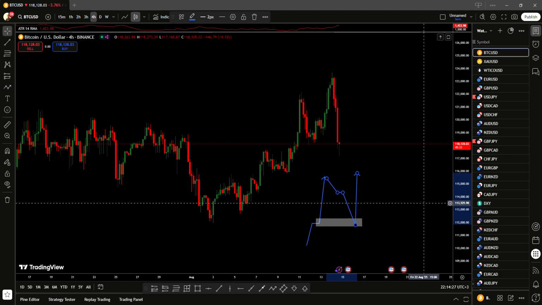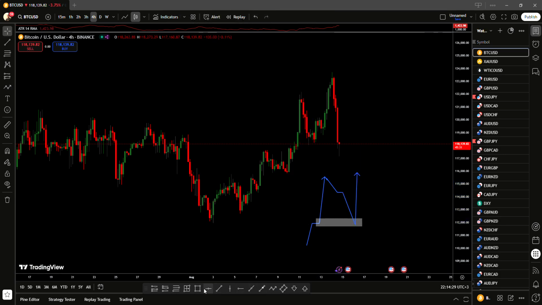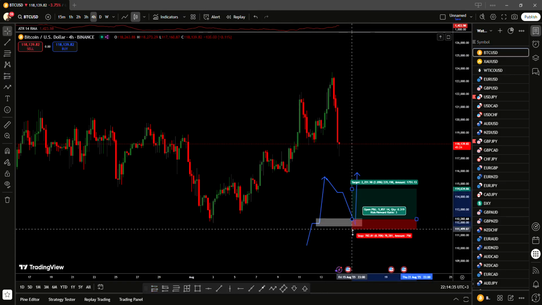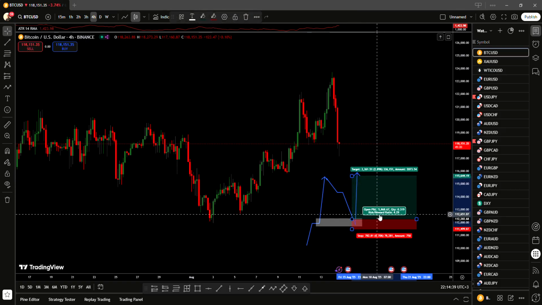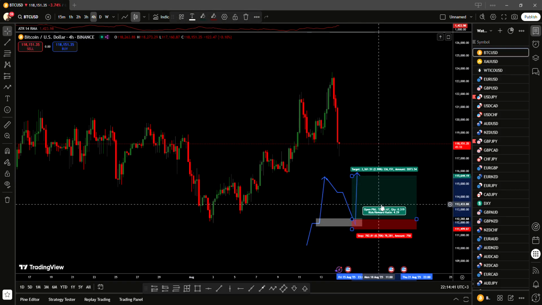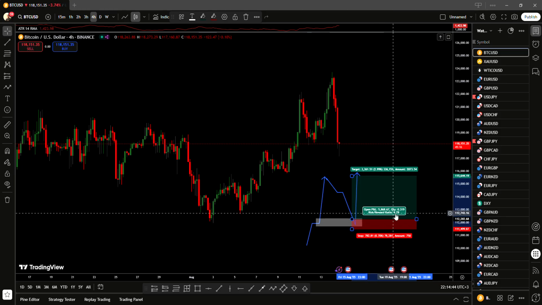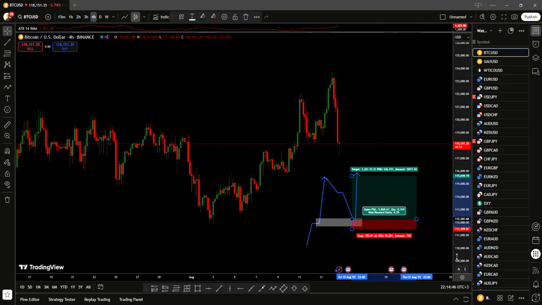That is the first level target. So this is how we enter into the trade and then target the previous high. Like that, you take it to your 300 pips. And this setup can also work for the sell side.